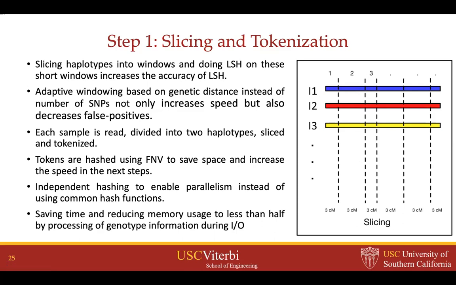Then you split all those hashes into these windows or slices of, say, 3 centimorgans. In some areas, it could be 300 SNPs or 500 SNPs. In some areas, maybe only 80 SNPs.